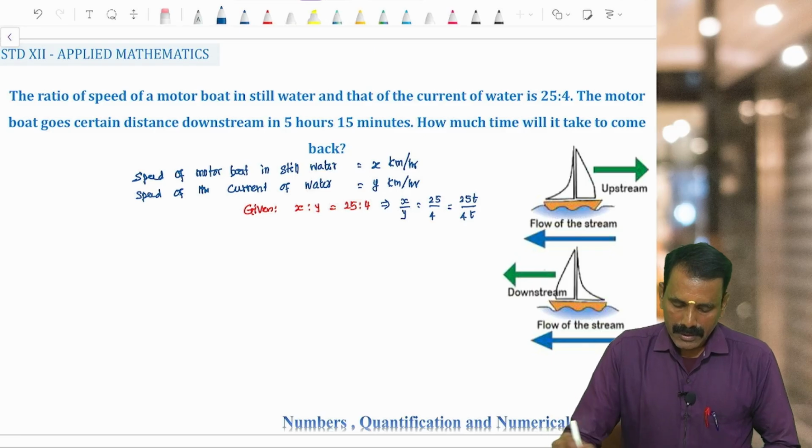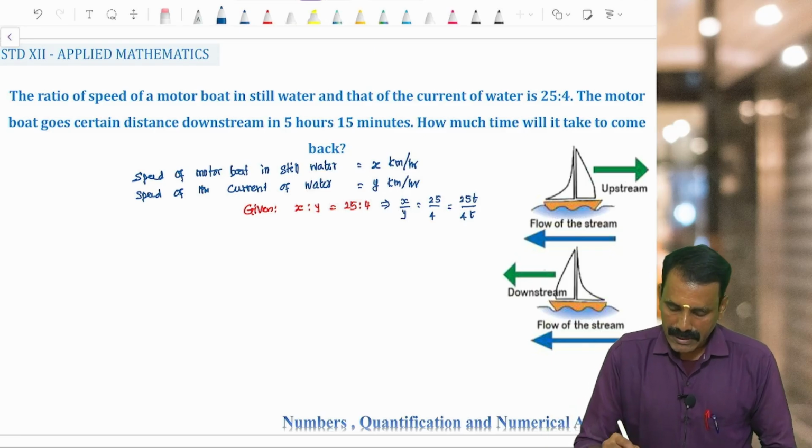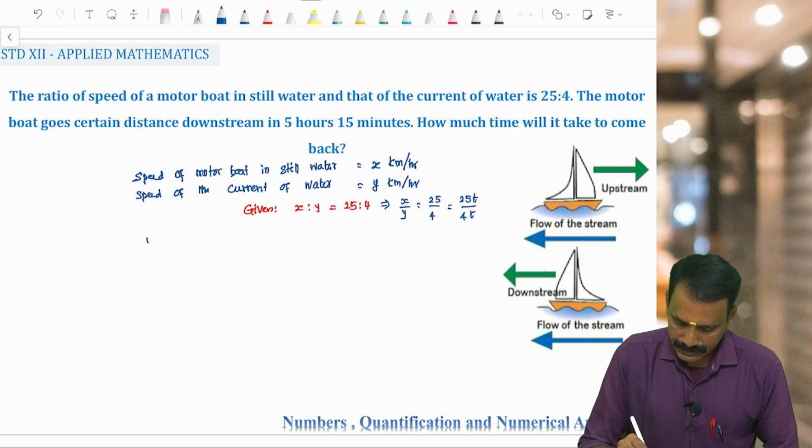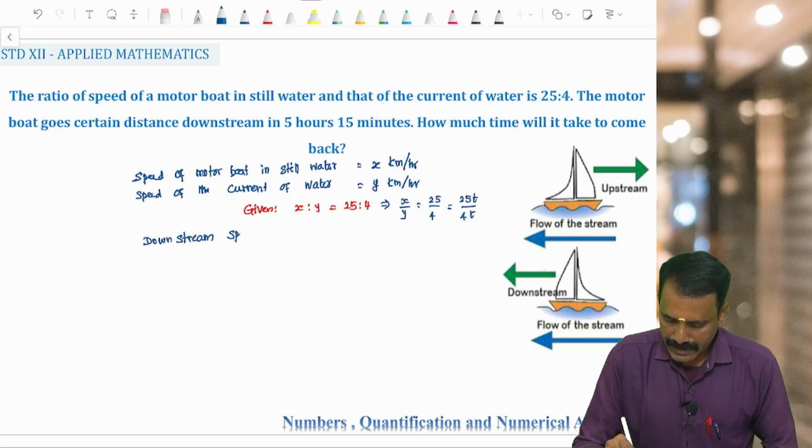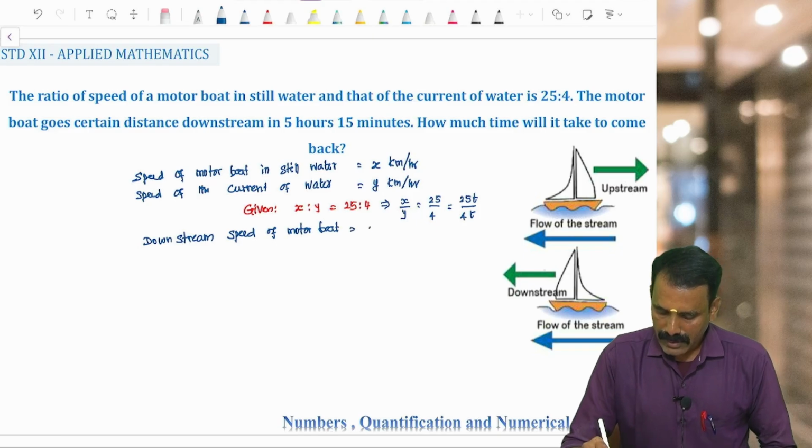Now the motorboat goes downstream. Downstream speed of the motorboat will be equal to x plus y.